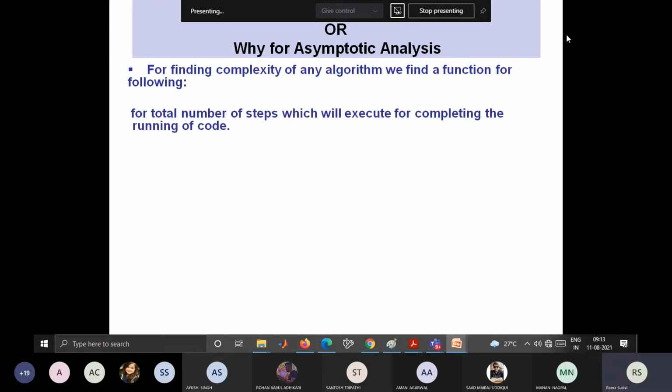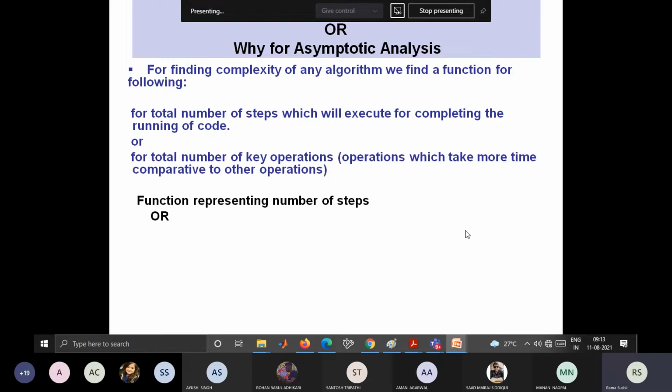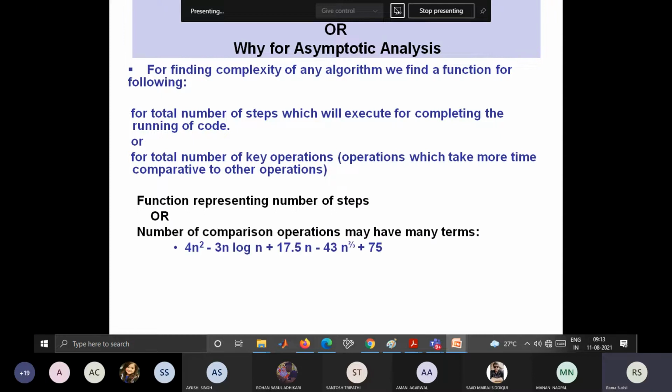So why is it coming up like this? Why the asymptotic analysis, why is it important to study, and what is the utility of it in the algorithm subject for the complexity representation.